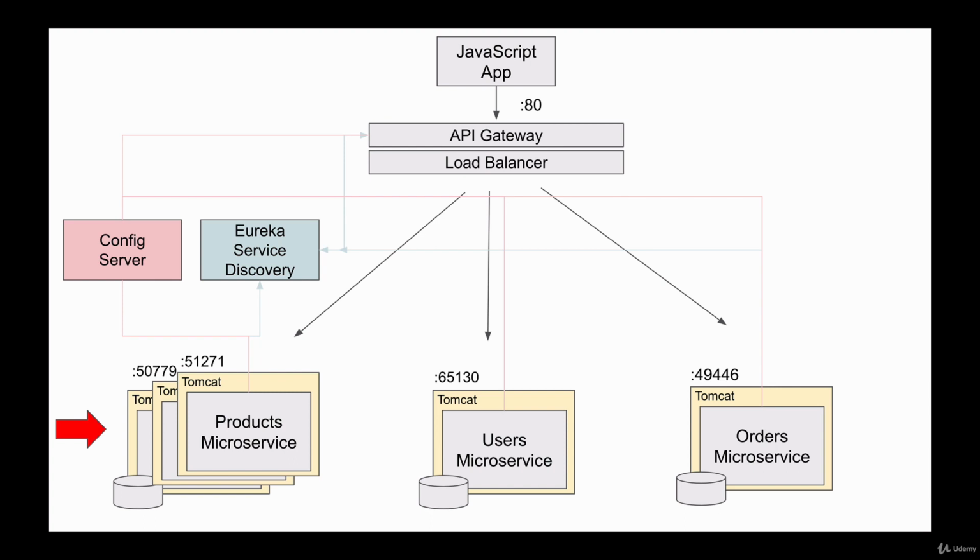And this solves a lot of challenges. First of all, configuration settings are centralized and can be managed in one location. Second, if certain configuration settings change, then it is possible to push a new value of that configuration property to a running microservice without actually taking that microservice down and starting it again.